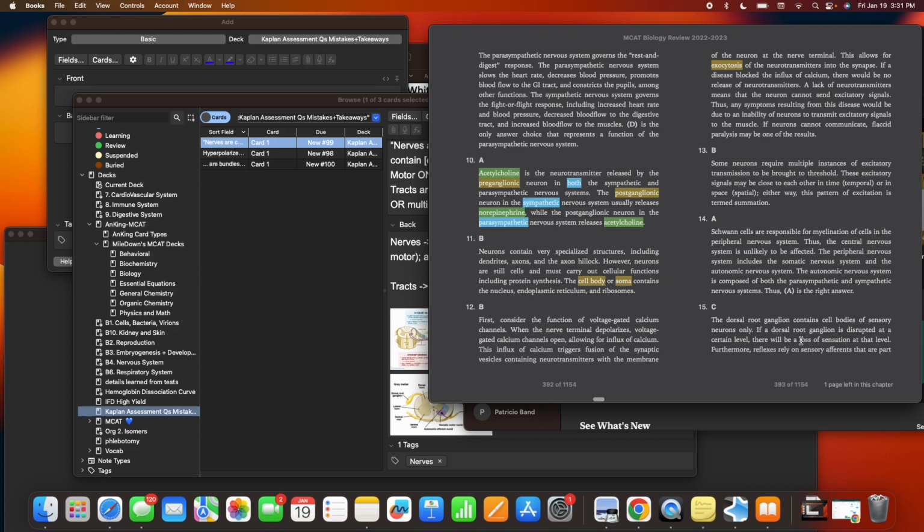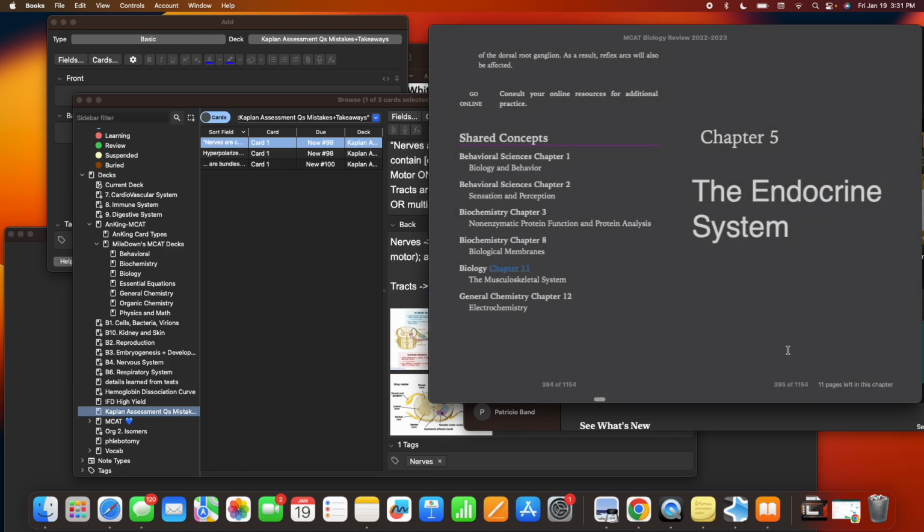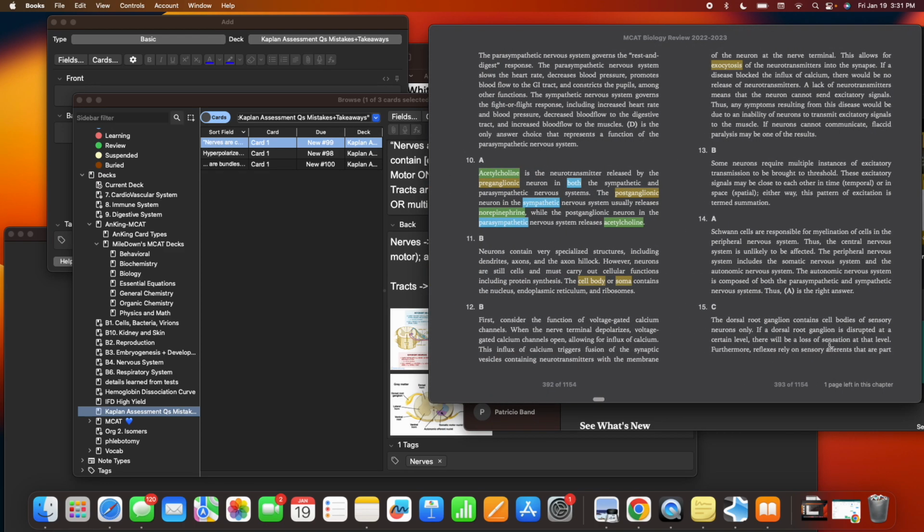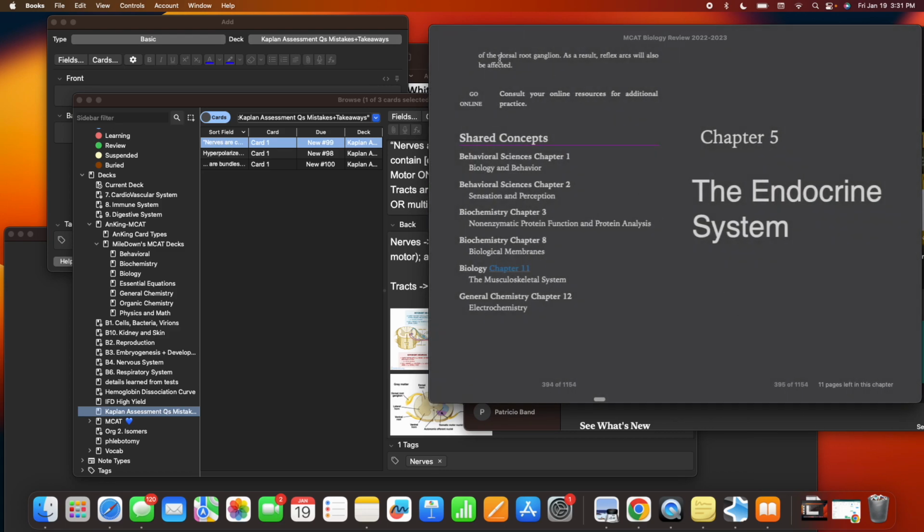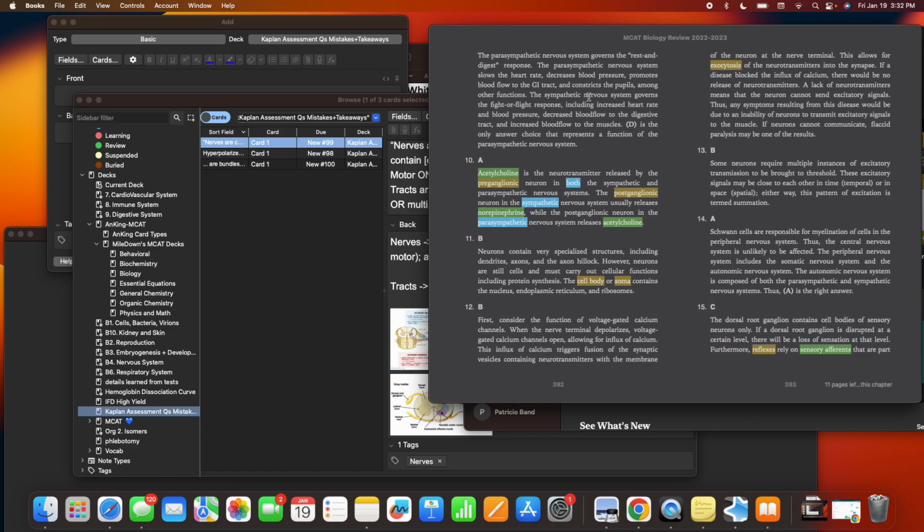Furthermore, reflexes rely on sensory afferents that are part of the dorsal root ganglia. As a result, reflex action will also be affected.